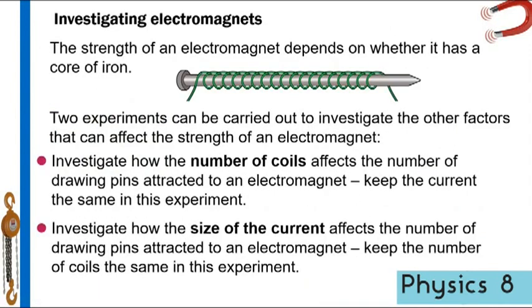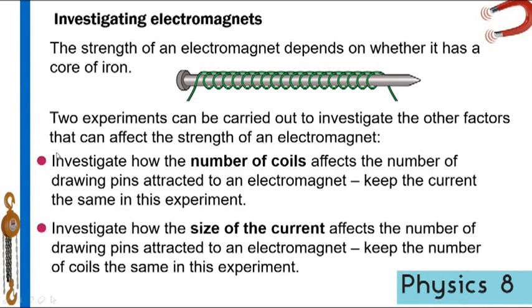Now you can in fact do an experiment to investigate electromagnets. If you have a core of iron inserted inside the solenoid, that will increase the strength of the electromagnet formed. If you don't have an iron core inserted in the solenoid, then its magnetic field strength won't be as large as it would be if you had a core of iron inserted into the coil.